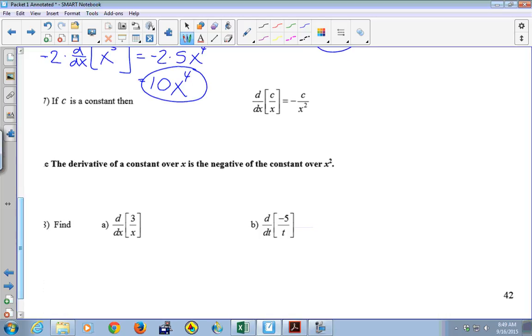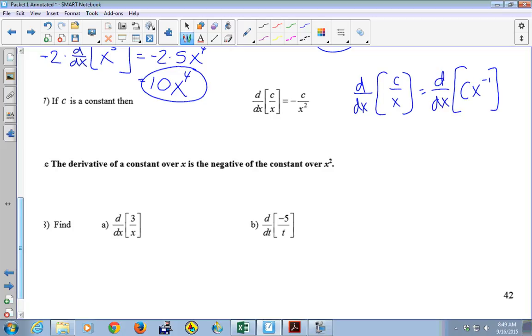One last special case rule. If c is a constant, then the derivative of c over x is the negative of that same constant over x squared. And we can think of it using the power rule. d dx of c over x is the same thing as d dx of cx to the -1, right? Dividing by x is the same thing as multiplying by x to the -1.